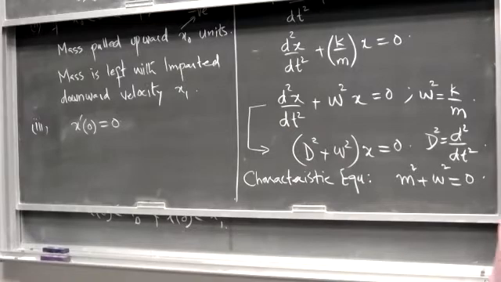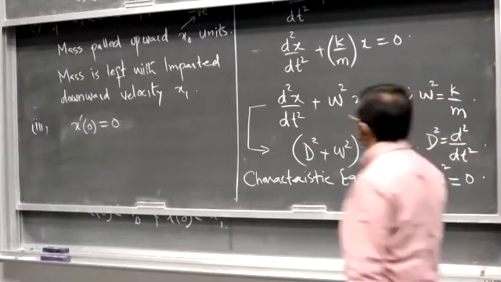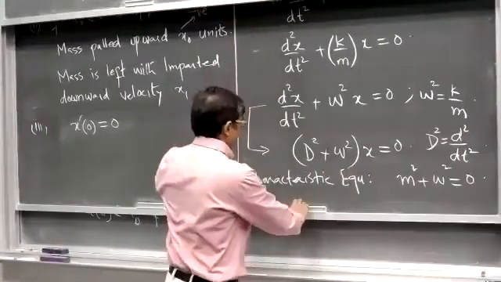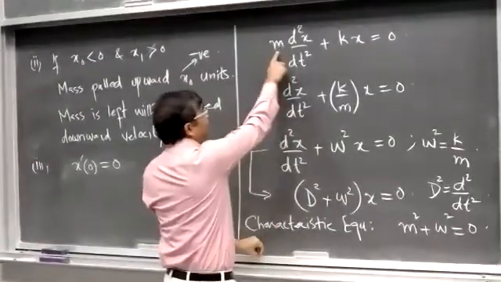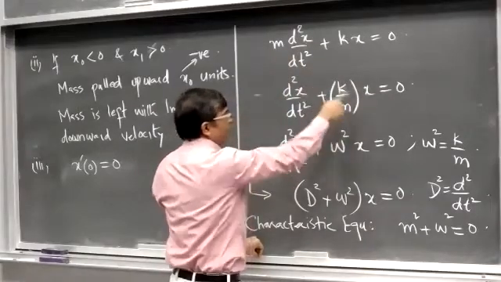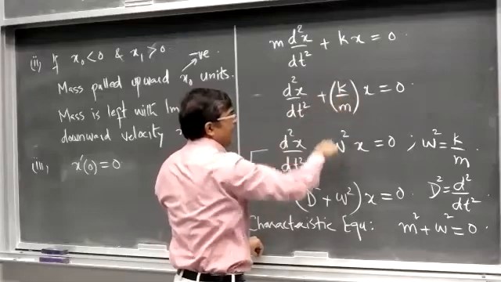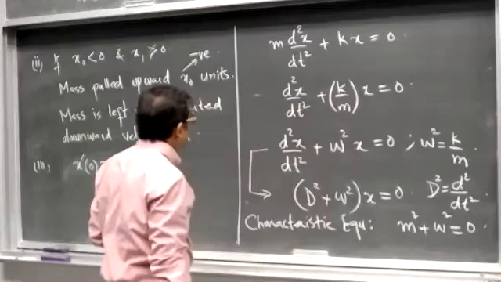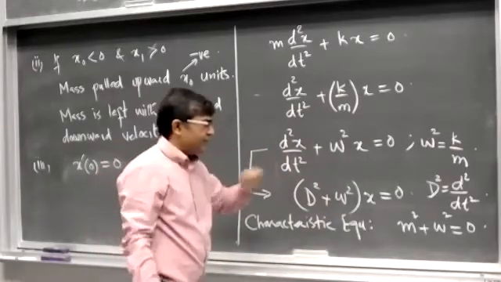No, it is not a mass. It is basically, we divided that mass on both sides. This m, we divided it here, and we obtain this now. We assume that this is omega square, just to simplify the calculations.